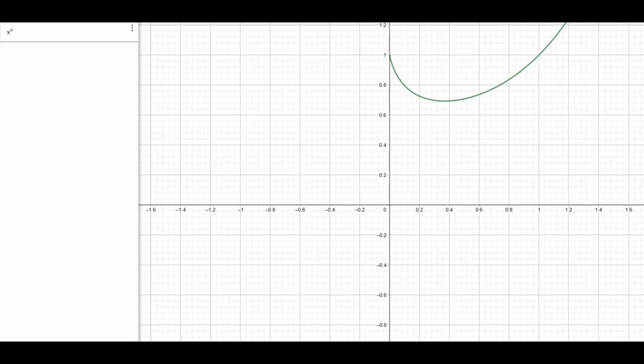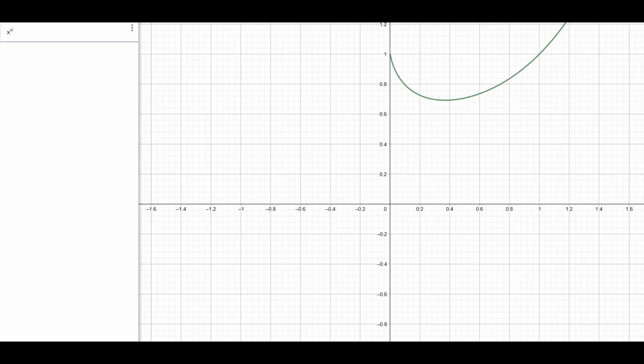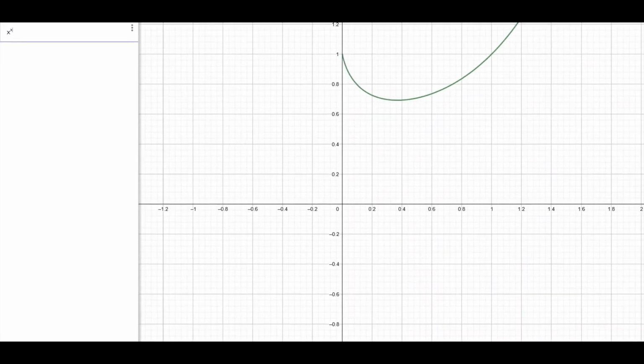Coming back to the graph, at the lowest point of this curve, if I draw the tangent, it will be parallel to the x-axis. In the sense, my tangent at this point is horizontal.